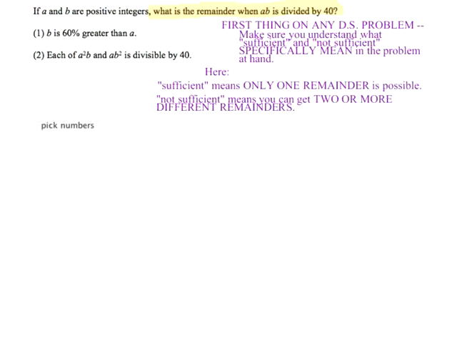So for statement 1, let's find cases of positive integers A and B for which that statement is actually true, for which B is 60% greater than A. Okay, well, let's find some of those.